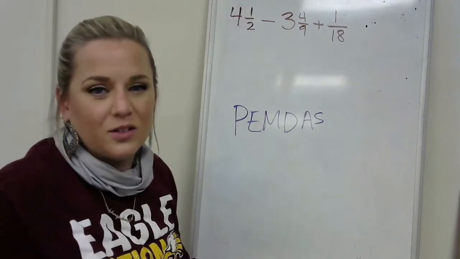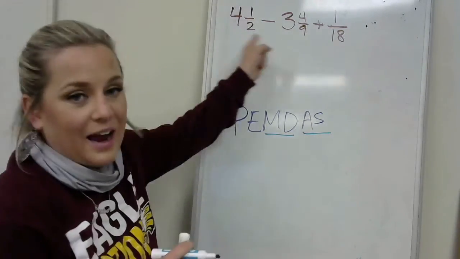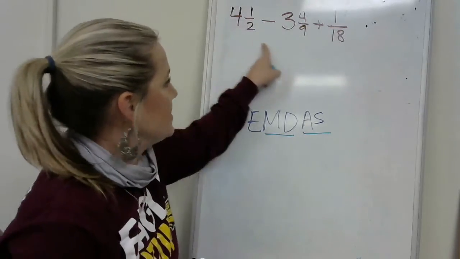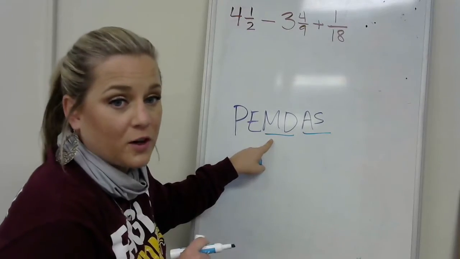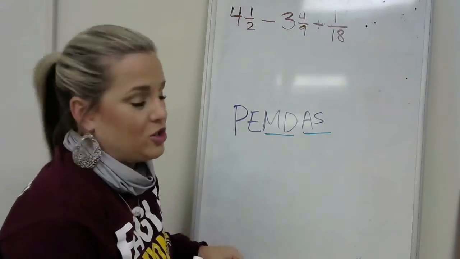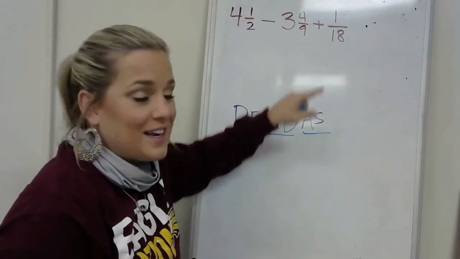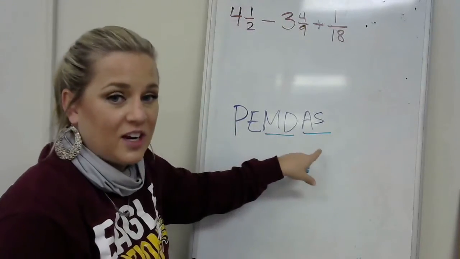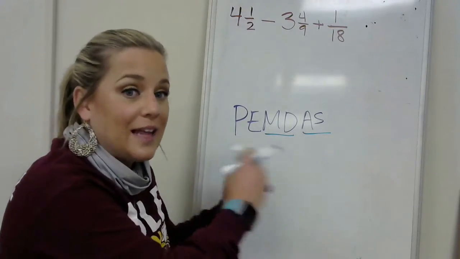And then I always like to do it in little colors so you can see the difference. Okay, so it's parentheses. I have no parentheses. Exponents. I have no exponents up here. Multiply or divide, whichever comes first, left or right. I have no multiplication. Now it's add or subtract. Okay, I have subtraction and then addition. This multiplication and division and addition and subtraction is whichever comes first, left to right.